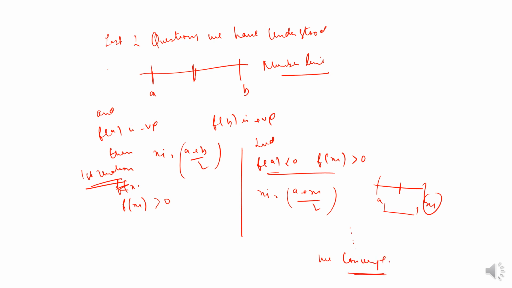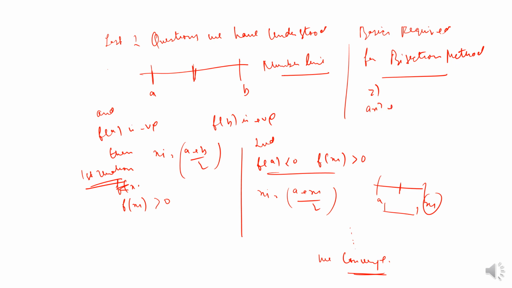This is all the basics required for the bisection method, which is a type of numerical method. As I explained earlier, we go for these numerical methods because, suppose we don't have a direct solution. For ax square plus bx plus c is equal to 0, we can directly get the answer by minus b plus or minus root of b square minus 4ac, by 2a.